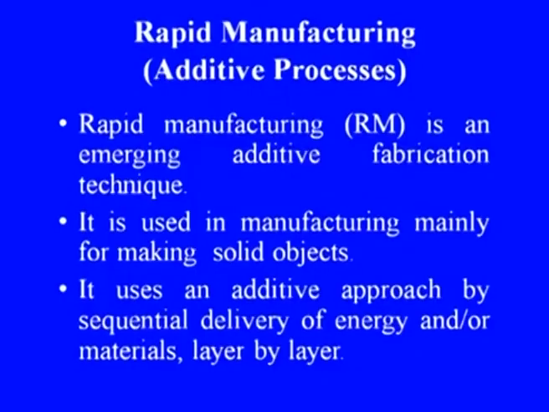Let us move on to rapid manufacturing, which is also an additive process. Rapid manufacturing is an emerging additive fabrication technique. It is used in manufacturing mainly for making solid objects.